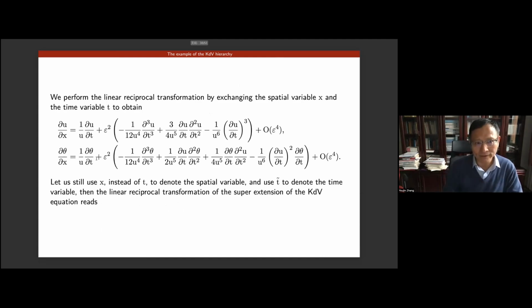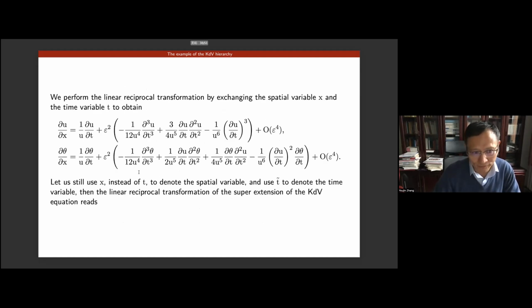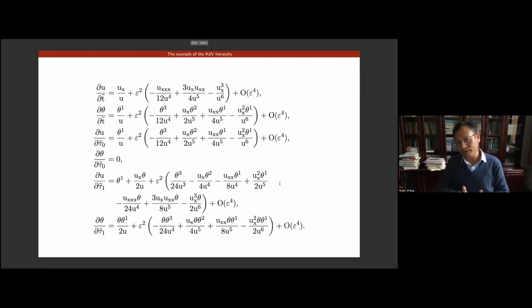Then we can represent the original super extension of the KdV equation and obtain this new transformed super extension. The original x we write back as t, and this t as a new time variable t tilde. So we obtain a certain super extension of the KdV equation after this reciprocal transformation.